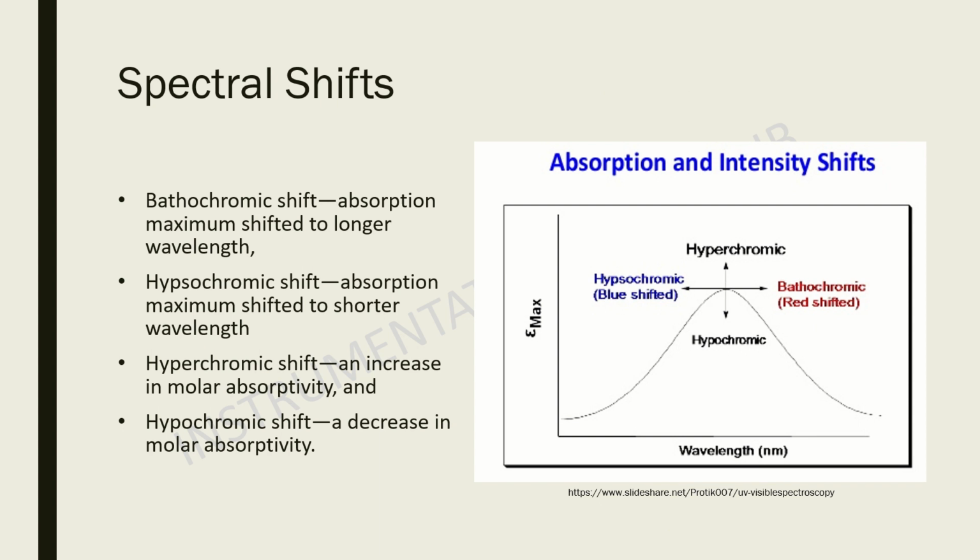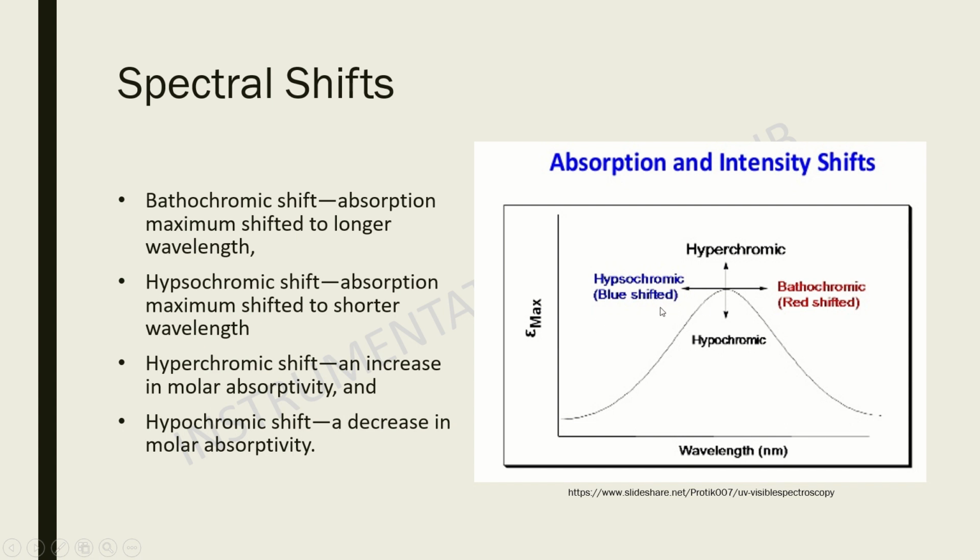Spectral shifts. There are basically 4 types of spectral shifts depending upon the molar absorptivity constant value and the wavelength. Bathochromic shift: there is a shift towards the longer wavelength region, that is the red shift.